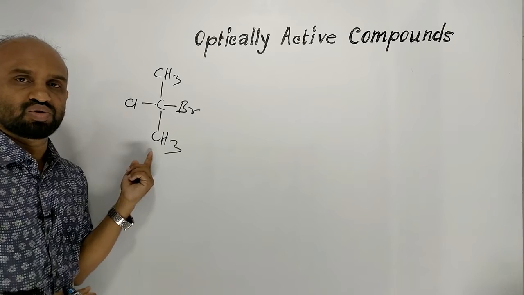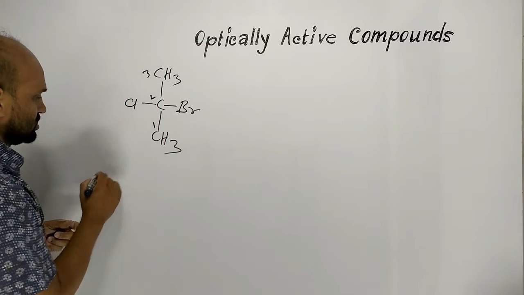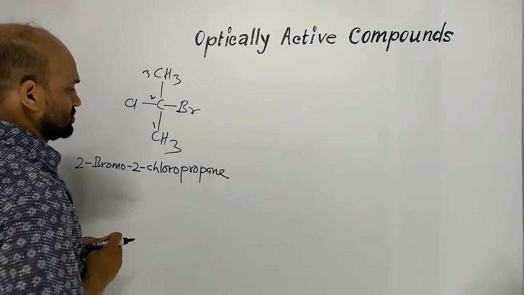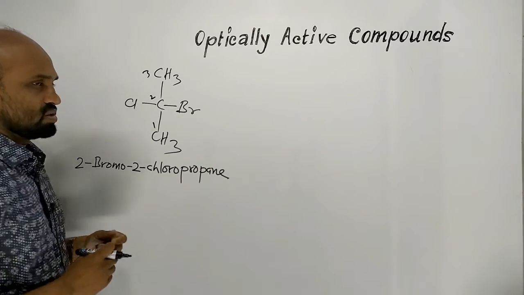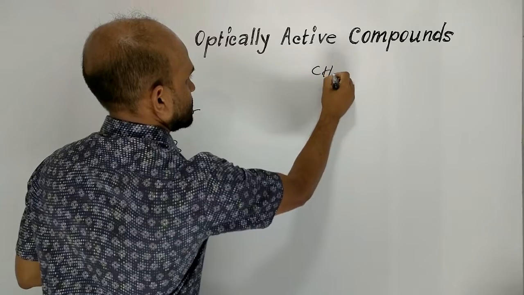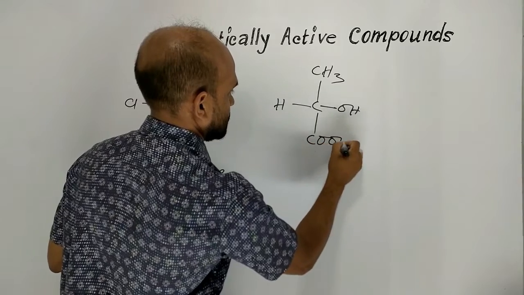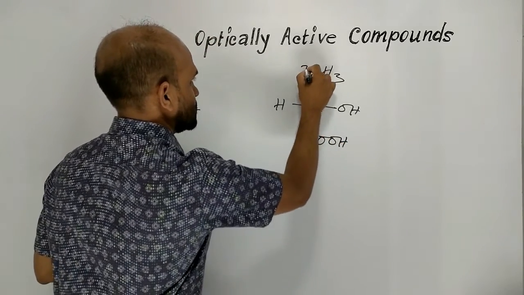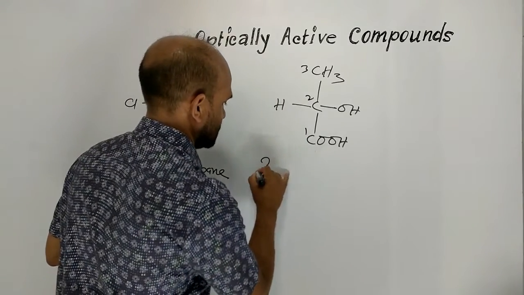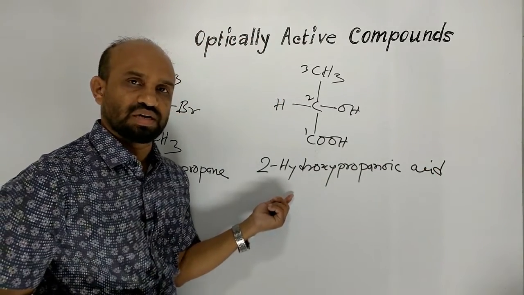This is 2-bromo-2-chloropropane. Another one is 2-hydroxypropanoic acid, or simply this is called lactic acid.